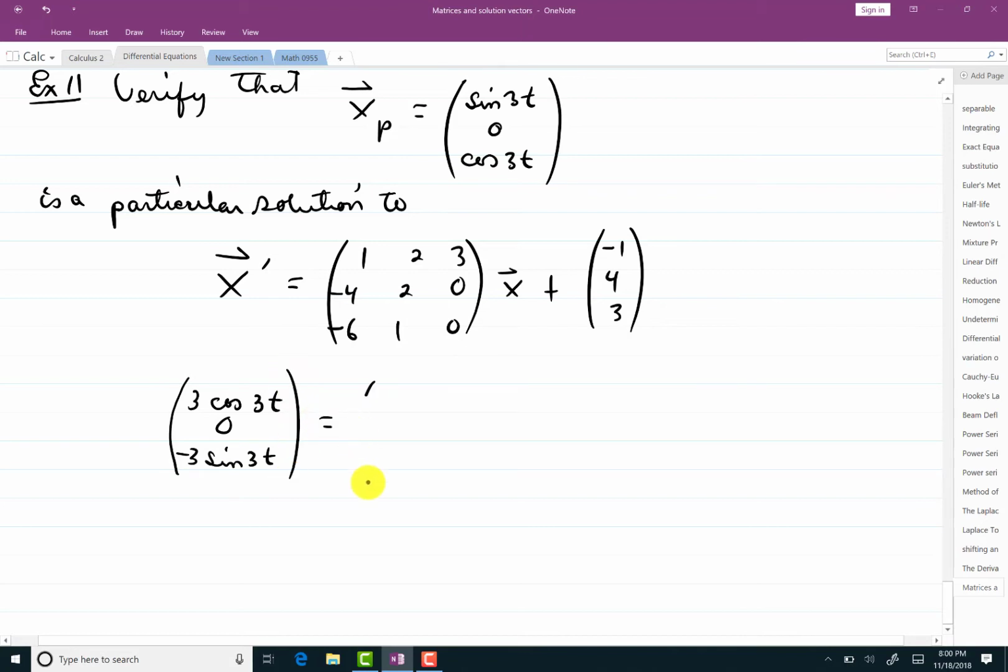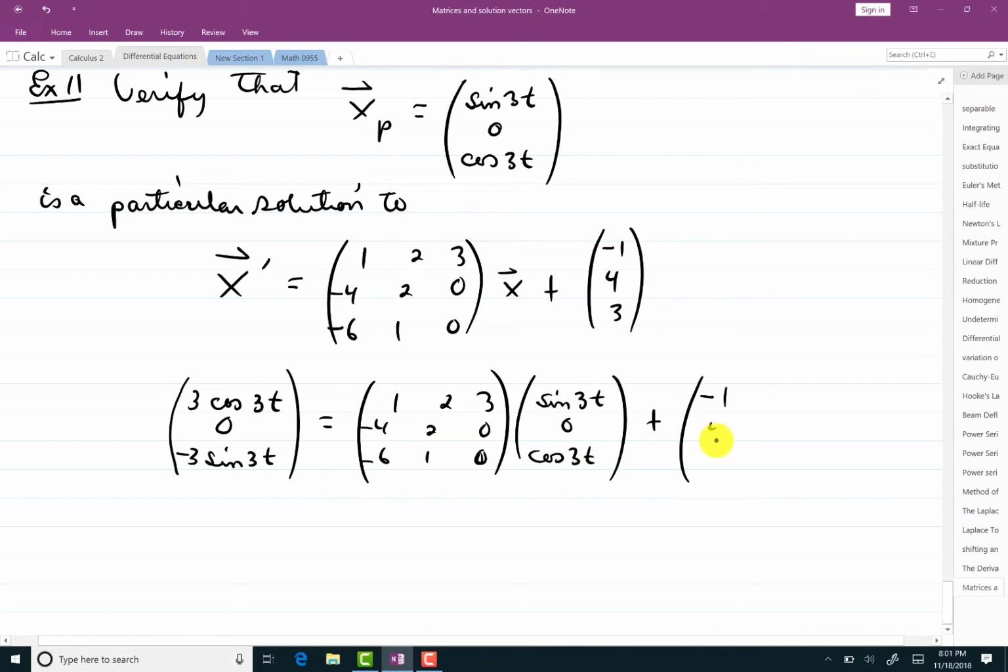On the right, then, I have my 1, 2, 3, negative 4, 2, 0, negative 6, 1, 0, and I'm multiplying it by sine of 3t, 0, cosine of 3t, and then don't forget to add this vector when all that's done, negative 1, 4, 3. And let's see what happens.